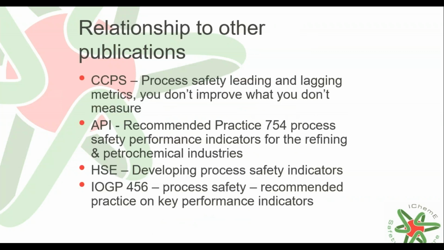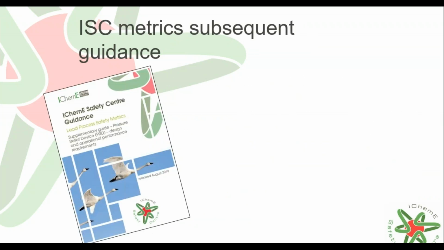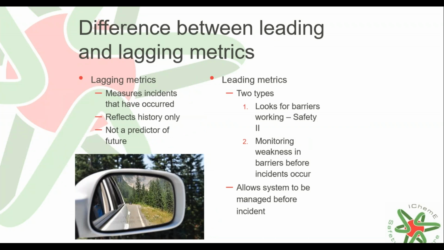So when we talk about CSB, they've actually released this as part of the supplementary work on Montara, where they looked at the size of organisations and how large you would need to be measuring lagging metrics as the requirement for process safety. And there's definitely guidance around needing to focus on lead metrics rather than just lagging metrics.